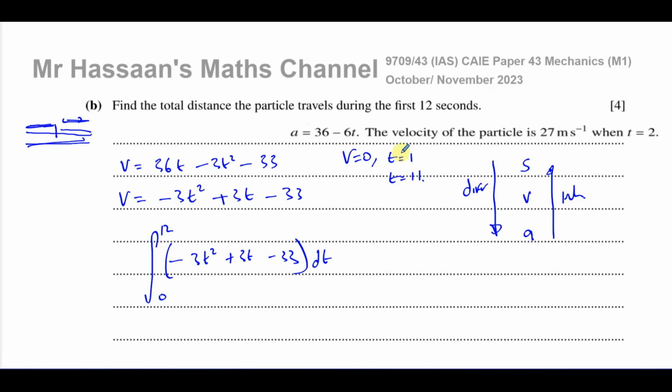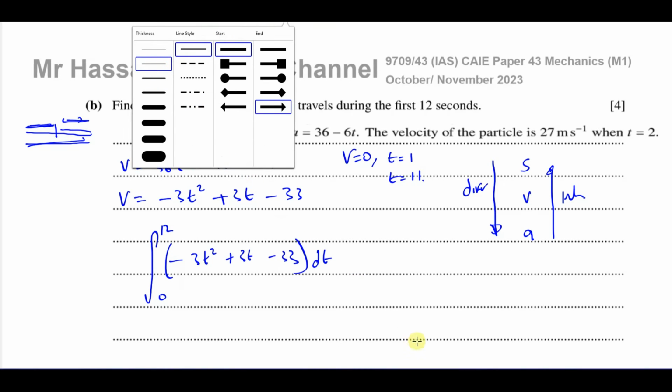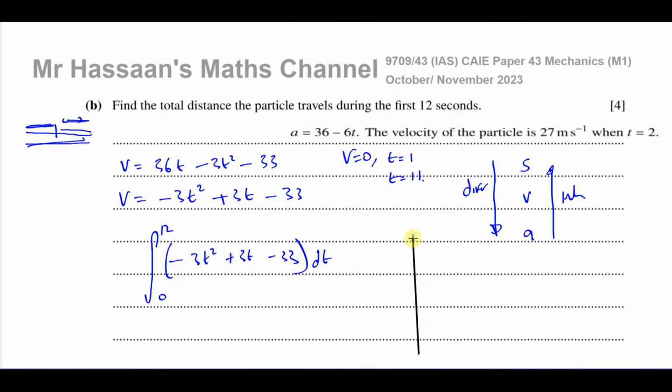We can see that if we draw a little sketch of this diagram. We have a quadratic which is a frowny face, upside down, something like this if we make a little sketch of it.